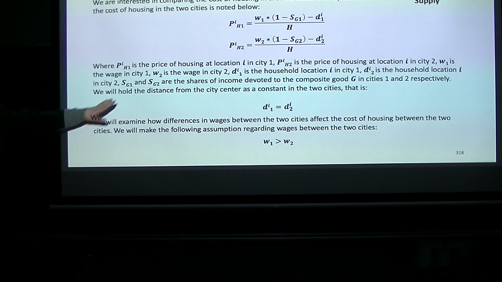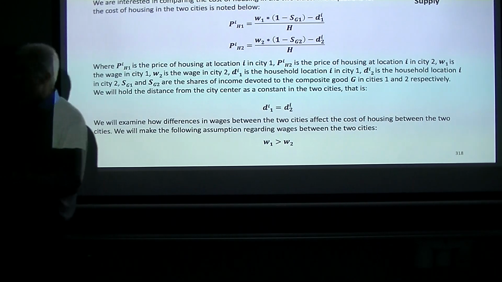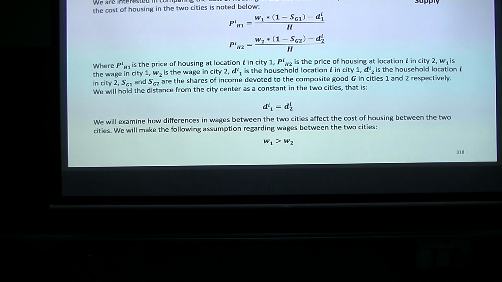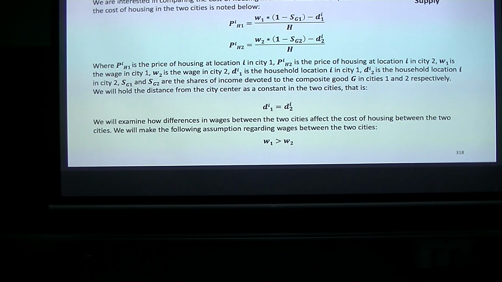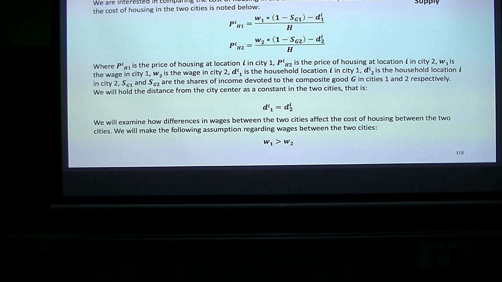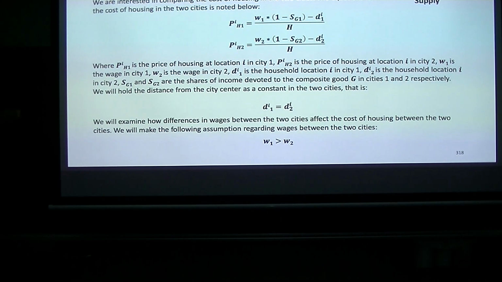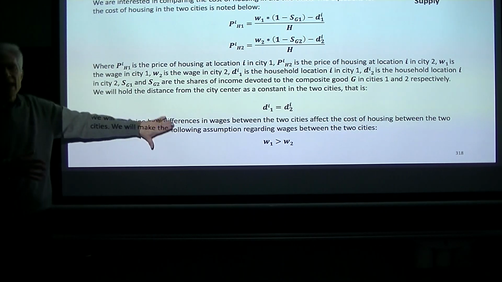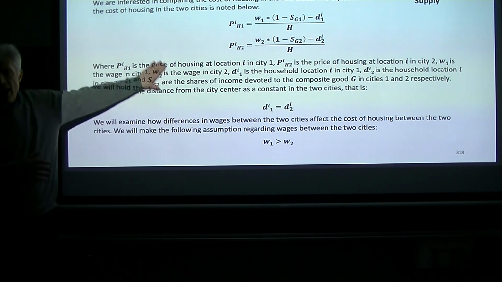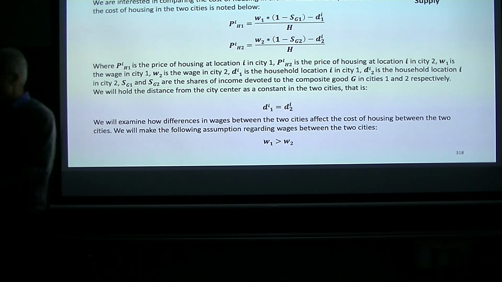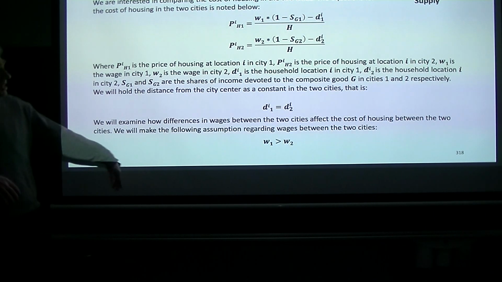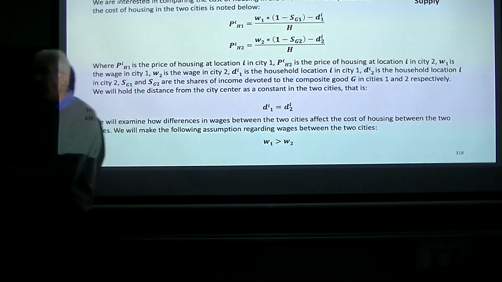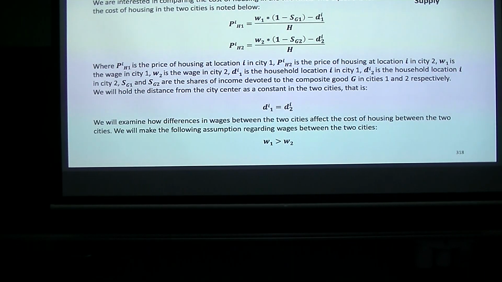So here I'm talking about why cities are of different sizes. There are several economic factors that can drive it. In this model, what we're looking at is the differences in wages, how wages drive cities to different sizes. And not surprisingly, if the wages in city 1 are greater than the wages in city 2, city 1 people can afford to pay more.